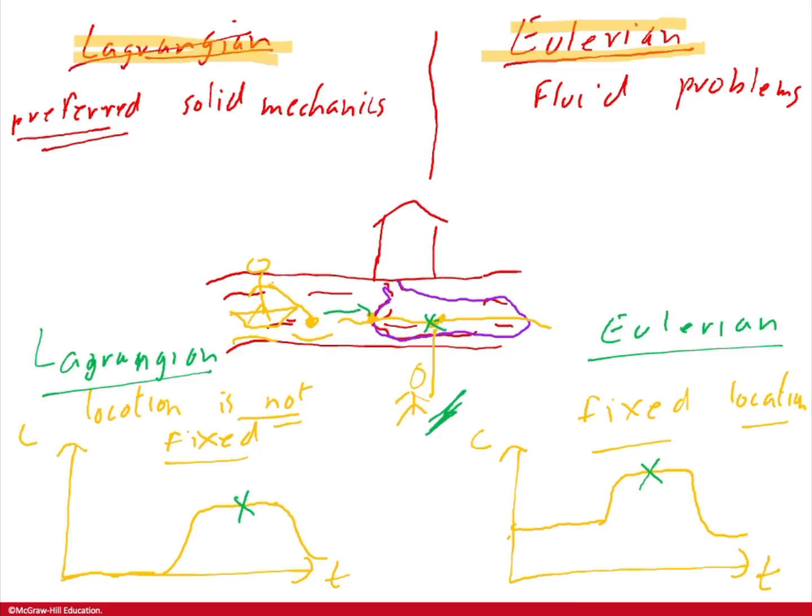Because like we said, you are not really concerned with what is happening at this point, because this is upstream. You're most concerned with the concentration changes occurring in this region where the plume is actually.